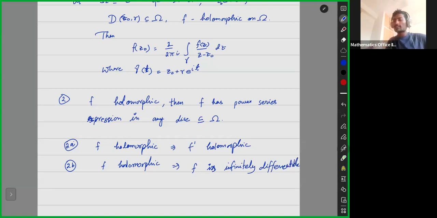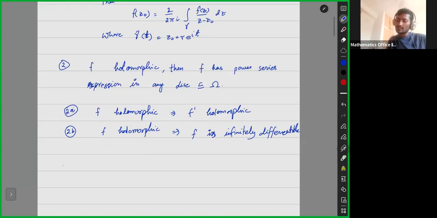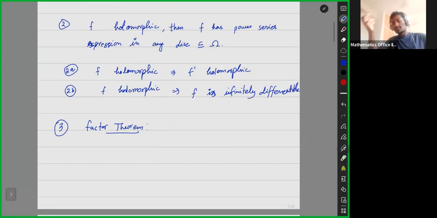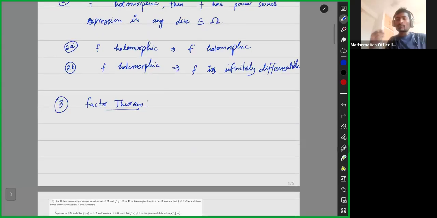After this corollary, we have seen the factorization theorem. What is the factorization theorem? This is basically the factor theorem. I'm not writing all these things, but I think that will be clear to you. F is holomorphic on omega, F from omega to C holomorphic, such that F of z naught, one point inside omega, is equal to 0.